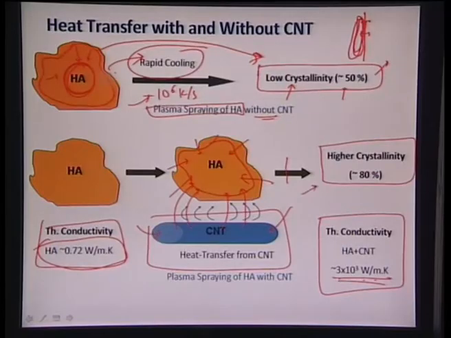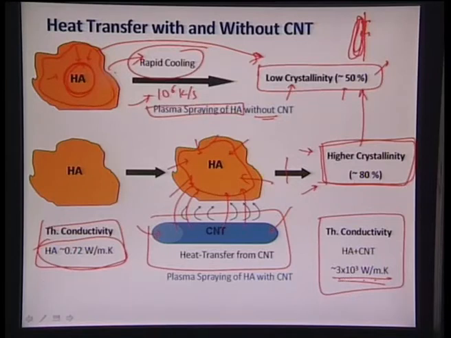The cooling rate is not as drastic as it was in absence of CNT. Because of CNT, the overall cooling rate has been decreased, because CNT itself has so much heat that it keeps giving it to the hydroxyapatite surface, and that released heat is captured by hydroxyapatite to induce crystallinity, and we can achieve higher crystallinity, on the order of around 80%.